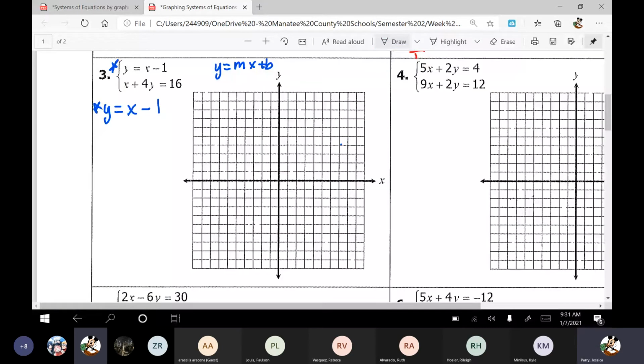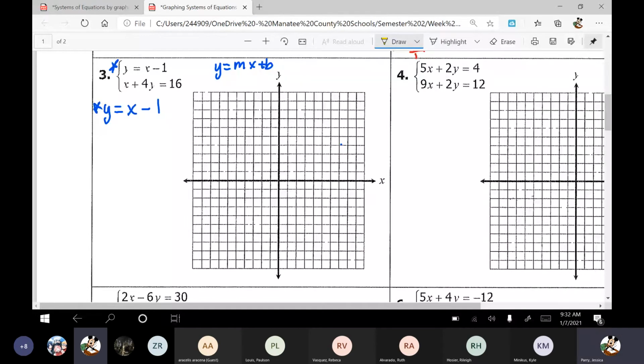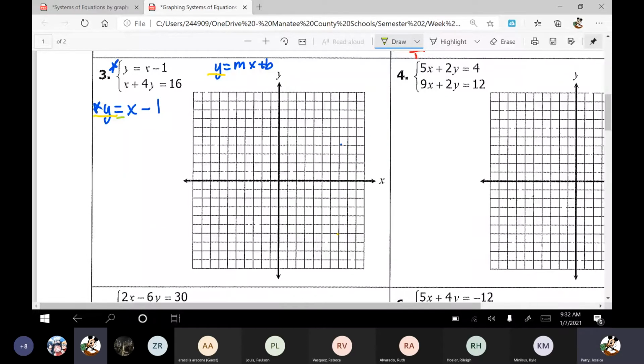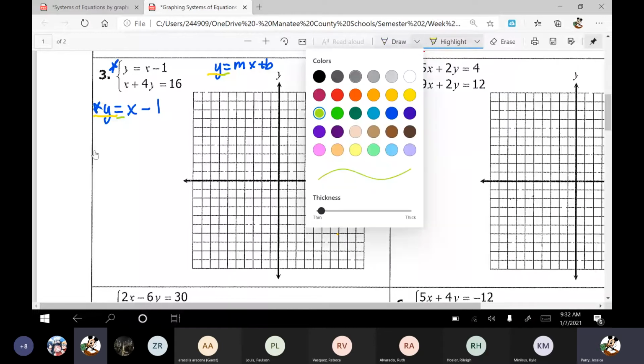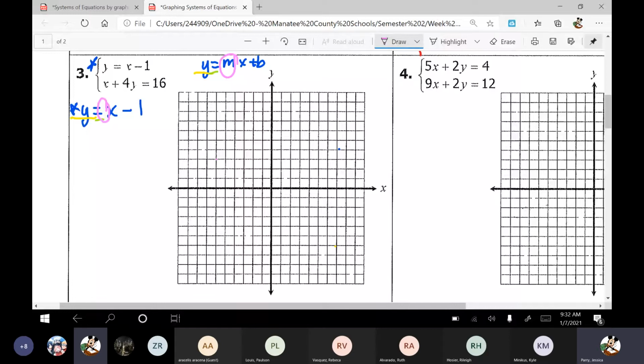First we have our y. Let me get a different color so you can see it here. We have our y, and then our equal sign. Then we have m. So m is the number in front of x. There's my m.